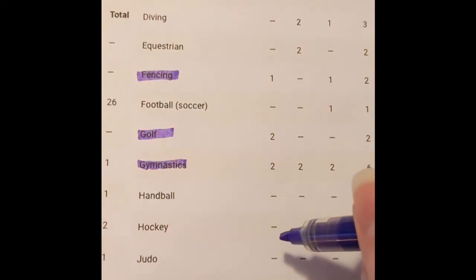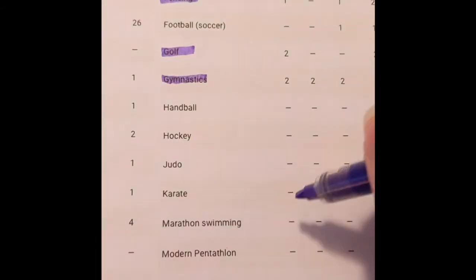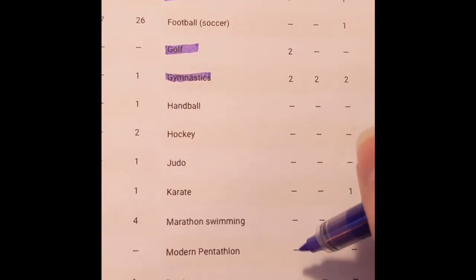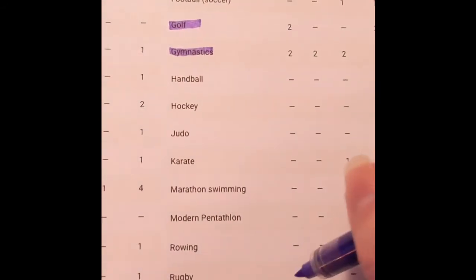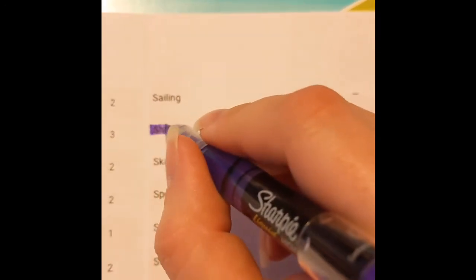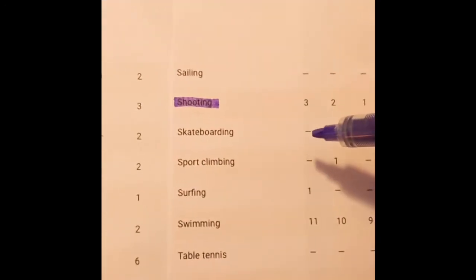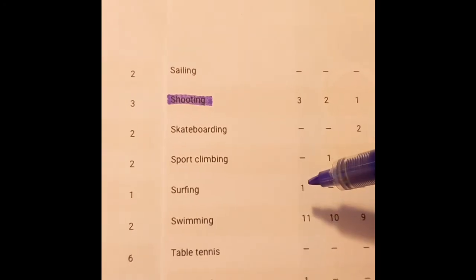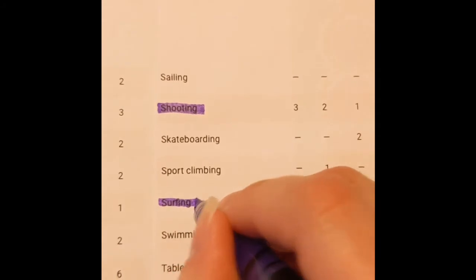None in handball, none in hockey, none in judo, none in karate, marathon swimming, modern pentathlon, rowing, rugby. Back over here to the top. No sailing. 3 in shooting. None in skateboarding or sport climbing. 1 in surfing. 11 in swimming.